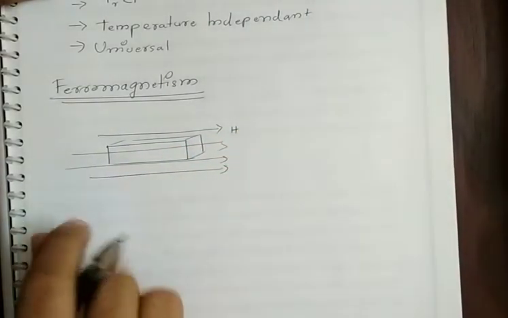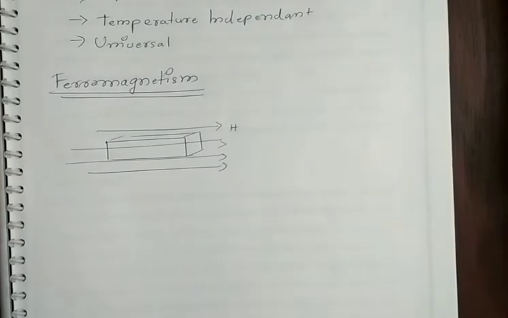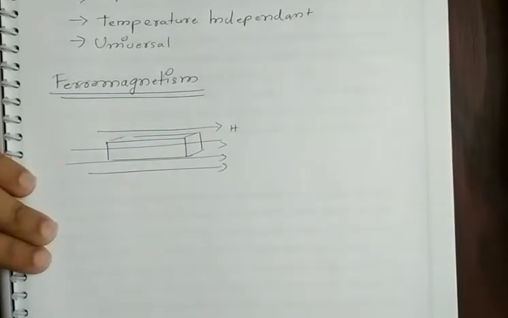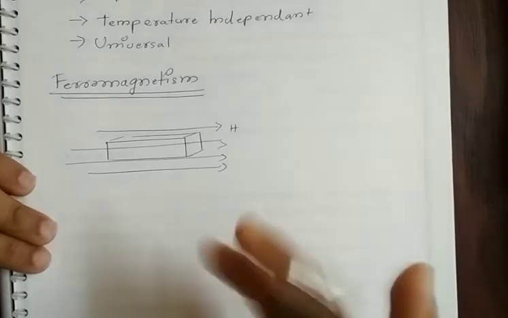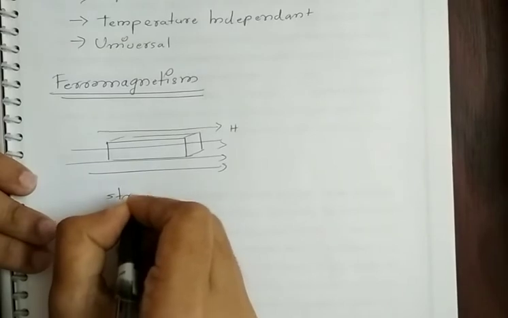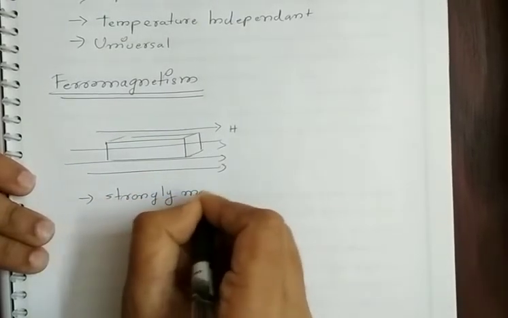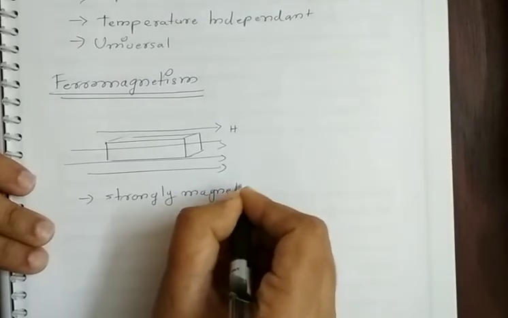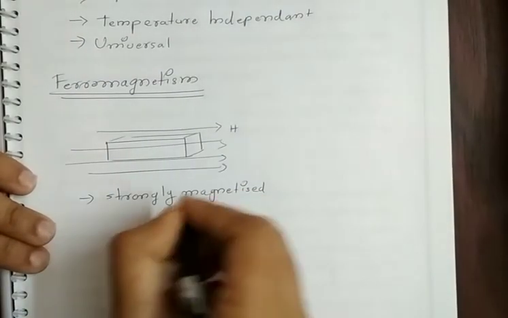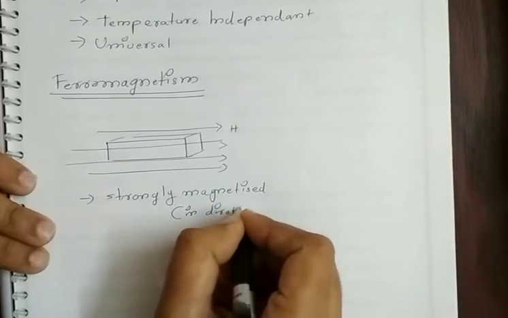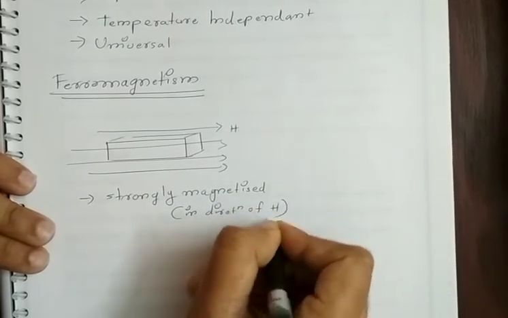The difference between ferromagnetism and paramagnetism and diamagnetism is that the ferromagnetic materials get strongly magnetized in the direction of the magnetic field. What we said earlier was feeble, but in this case they are strongly magnetized, and they are magnetized in the direction of the H.